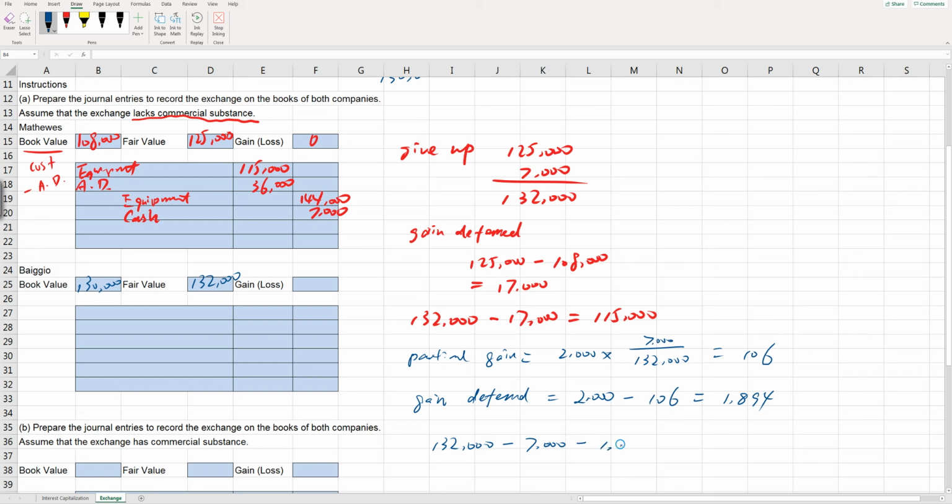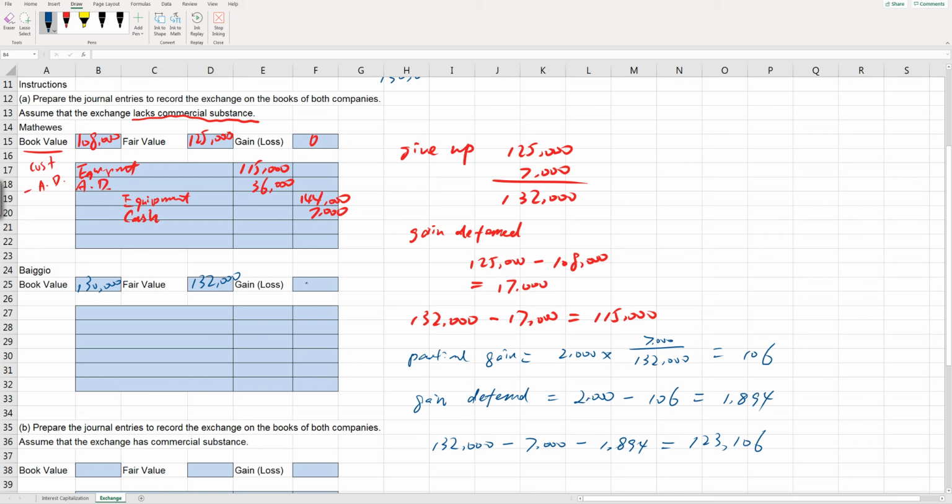Going to minus the partial gain, or rather the deferred gain, and this will be the cost for the assets acquired. How much is this? All right, $123,106.